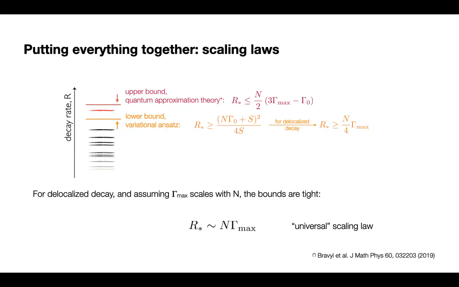Then you do a bit of math, and you end up with the upper bound written up there. Both of these bounds depend on n times the largest decay rate. If we don't care about prefactors because we only care about the scalings, this is a scaling law, which is written there, and it is universal.